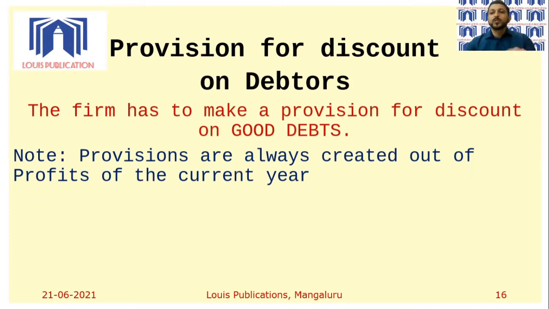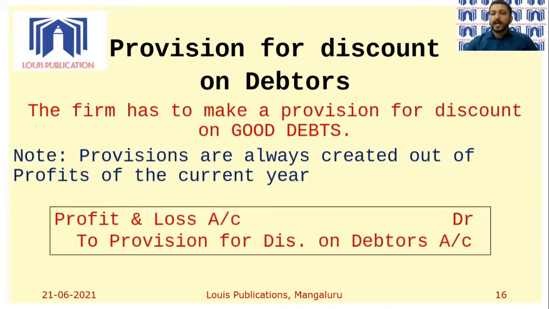This is more on the positive side. The business wants to allow discount to its customers who are prompt in their payment. So on good debts, the business will make a provision. As usual, since we know that provisions are created out of profits, profit is going to decrease. So the adjusting entry for provision for discount on debtors is profit and loss account debited to provision for discount on debtors account.